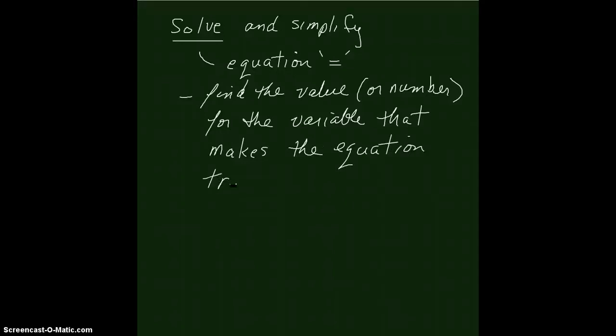Now we've done some examples of this where we've said, here's an equation, when x is equal to 3, is that a true statement? Is that equation valid for that particular value of x? Well, now we're not going to know x, we're actually going to find it.